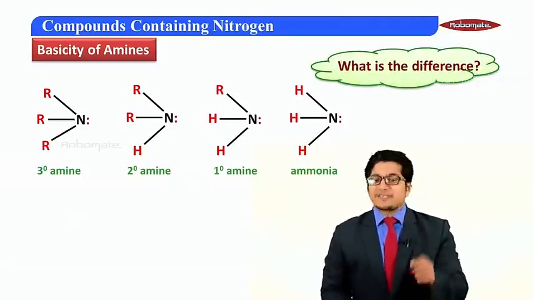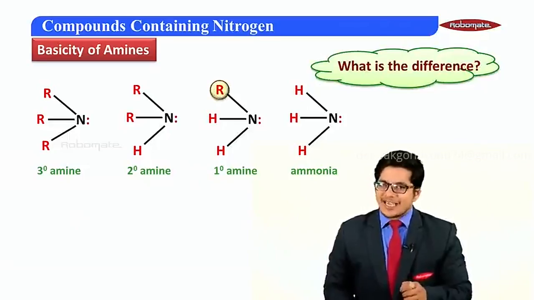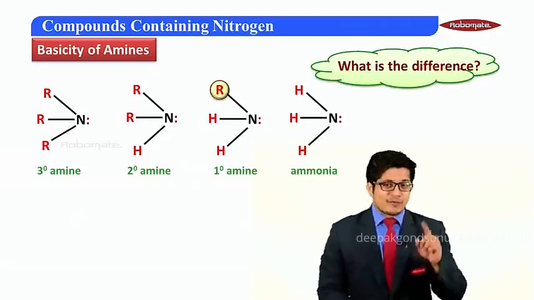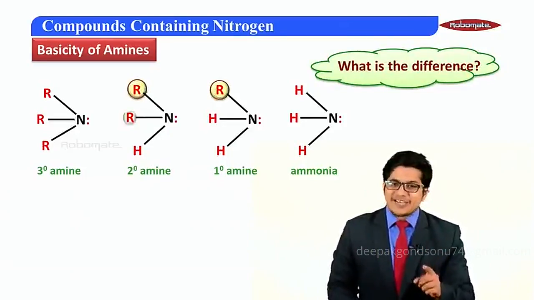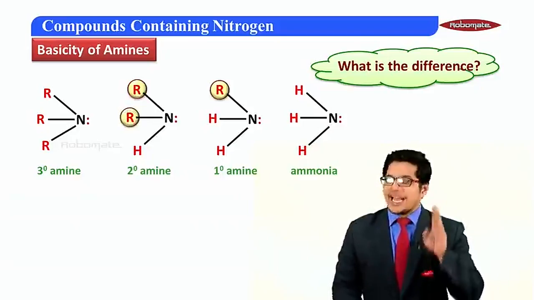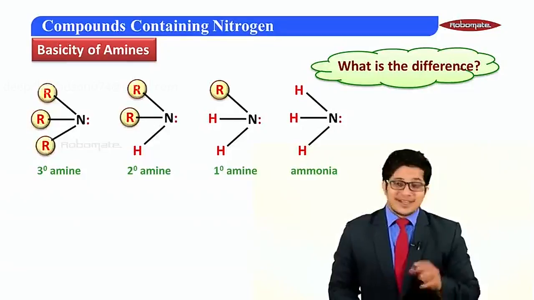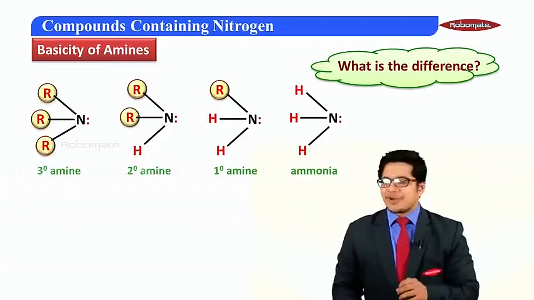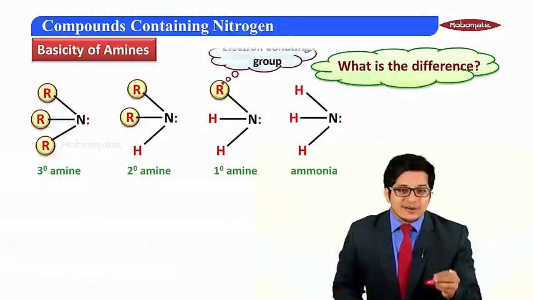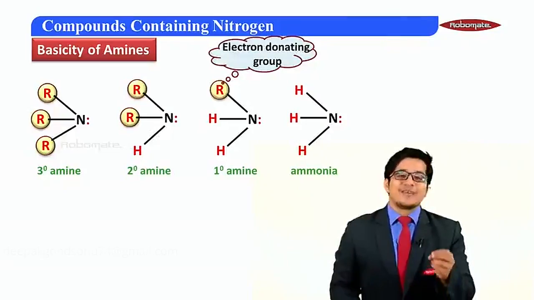The very first basic difference is that a primary amine consists of one R group, secondary consists of 2 R groups, and tertiary consists of 3 R groups. Now, a very basic point: all the R groups are electron donating groups.